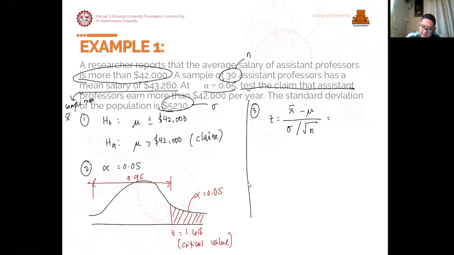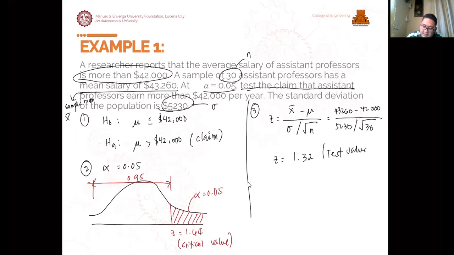We have 43,260 minus 42,000 divided by 5,230 over square root of 30. So, yung z-score natin or test value natin will be equals to 43,260 minus 42,000 all over 5,230 divided by the square root of 30. So, ang answer dyan is 1.32. And 1.32 is our test value.